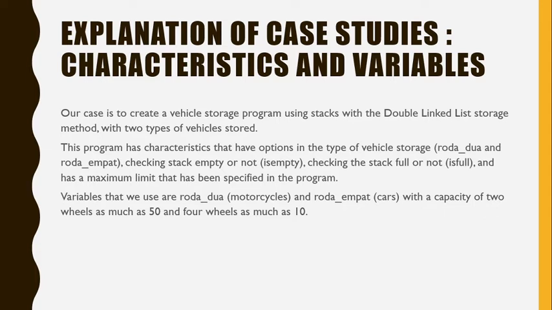The variables that we use are roda 2 motorcycle and roda 4 car, with a capacity of 15 for 2 wheels and 10 for 4 wheels.